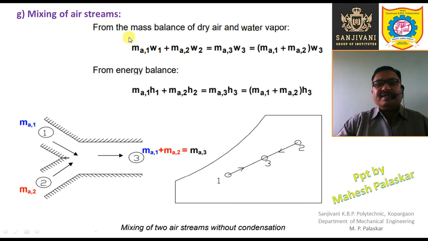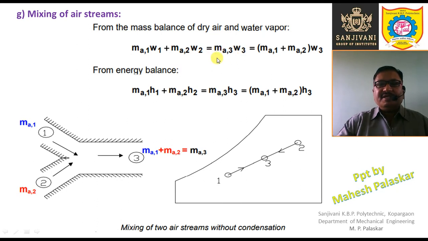So what are these equations? Mass balance. From the mass balance of dry air and water vapor, we can get this equation: mass of air for stream 1, Ma1, multiplied by specific humidity omega 1, which is the specific humidity of stream 1, plus Ma2 into specific humidity of stream 2, omega 2, will be equal to the mass of the mixture multiplied by the specific humidity of the mixture, right?